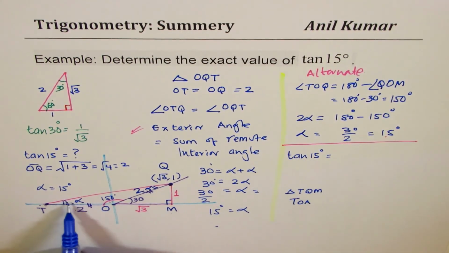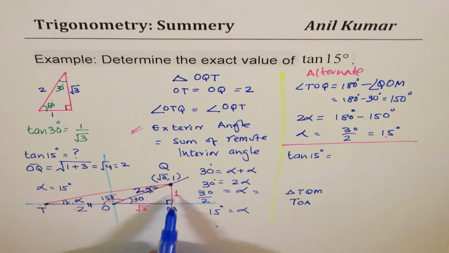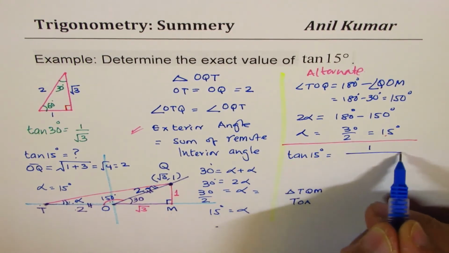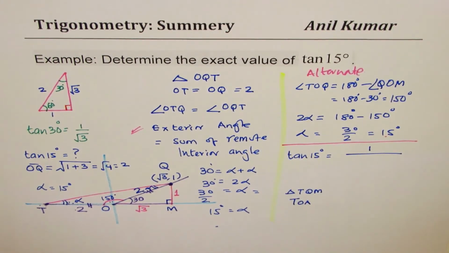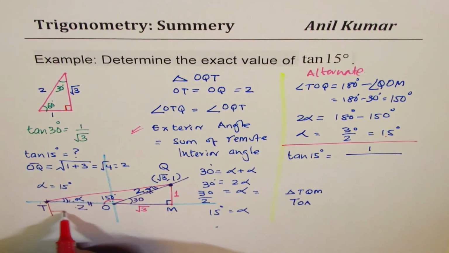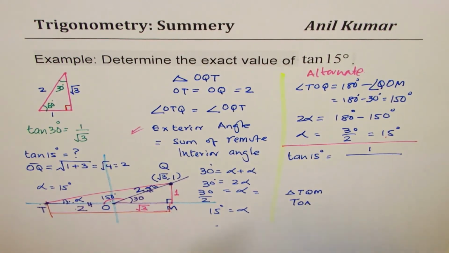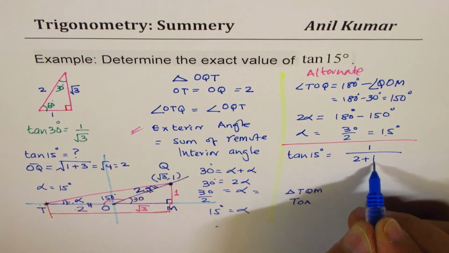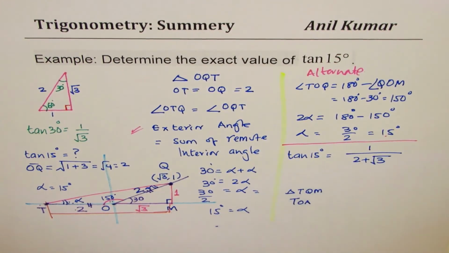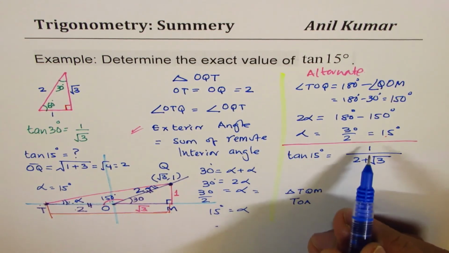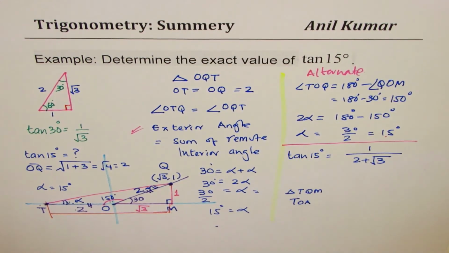So the side opposite to 15 degrees is 1. And the adjacent side is how much? Add these two: 2 plus square root 3. Do you see that? 2 plus square root 3. And therefore, we get that tan of 15 degrees is equal to 1 over 2 plus square root 3.